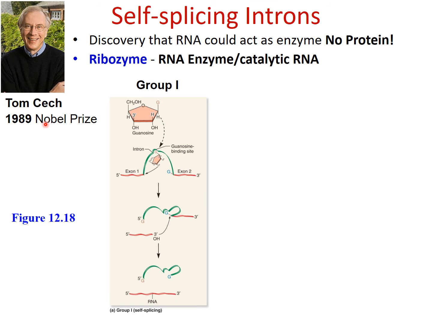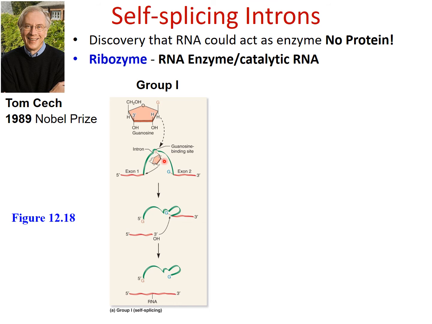Okay, so let's start with talking about group 1 introns. Group 1 introns are shown here, and this is from a different book, so the coloration is a little bit different from the previous examples. The exons here are now in red, the intron is in green, and same setup. We have exon 1 on the left and exon 2 on the right. This green portion is really a simplified version. This green portion of the intron folds up into a very complicated structure, similar to proteins.